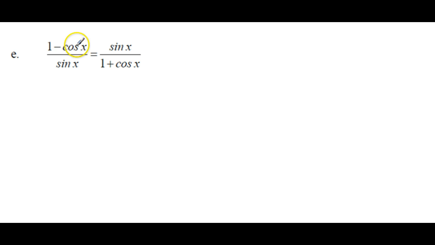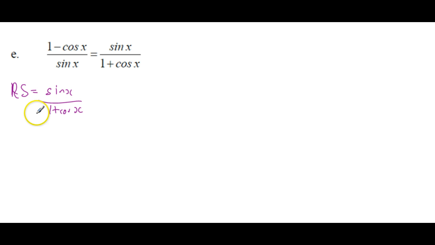Now, doesn't this just look like something that I should be cross-multiplying? You can't do that. Okay, so we are going to prove this identity. And the way we're going to do it, because your choice really is one or the other, is I'm going to say the right side is sine x over 1 plus cos x.